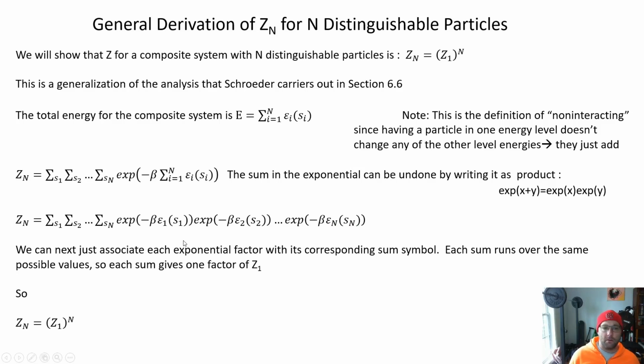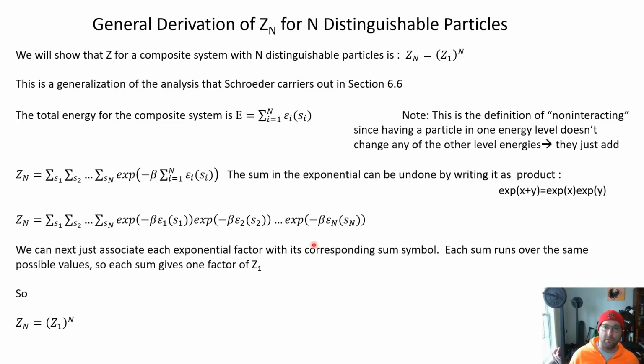And so if you stare at this, I hope you can see that each of these sums, when applied to its appropriate Boltzmann factor, will give the exact same number, and that number will just be Z sub 1. So in some sense, each s sub i is almost like a dummy variable. When you're summing over it, it doesn't matter that it started out referring to particle 1.